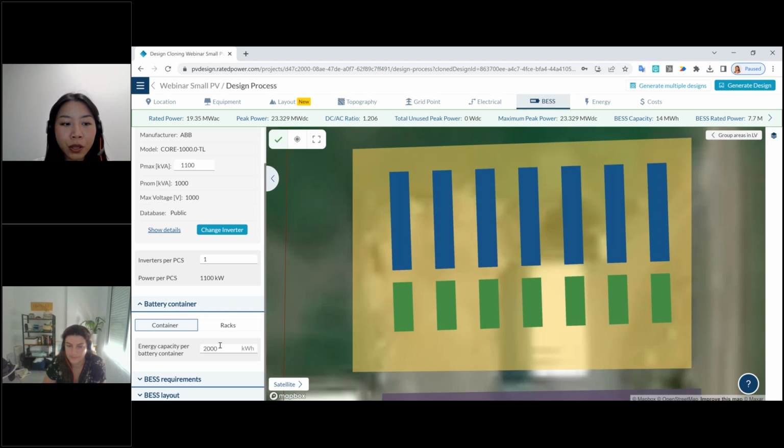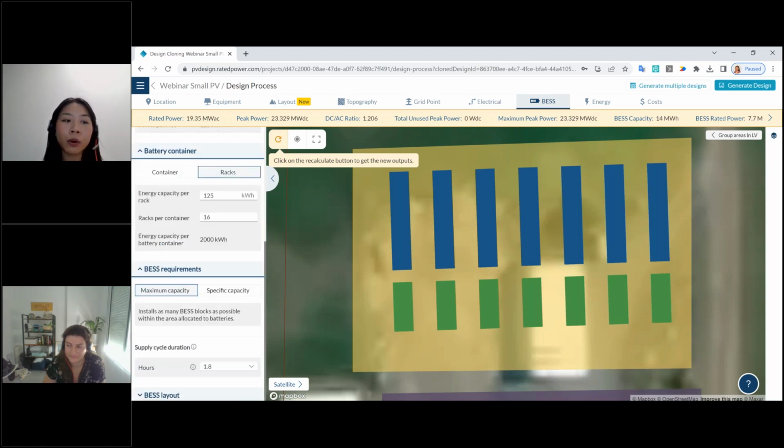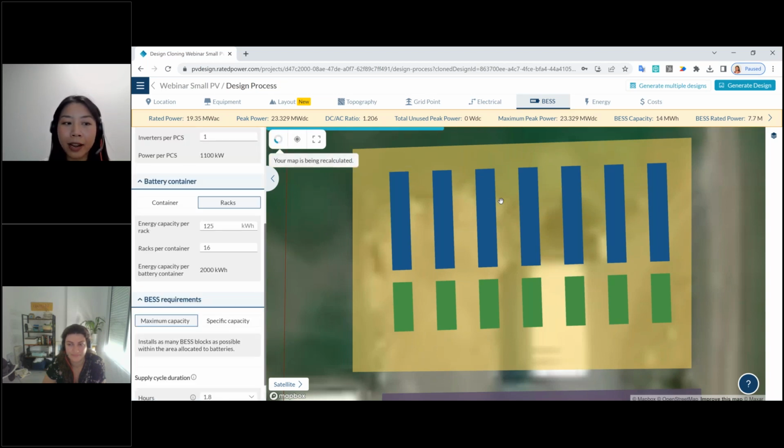They can either choose the kilowatt hour of the battery container or choose the kilowatt hour of the racks and how many racks they want to include per battery container. And if you calculate by the units of the racks, you will also come into a total energy capacity for each of your battery containers. Once you have selected the battery container, the software will ask you what's the power or the capacity you want for your battery area.